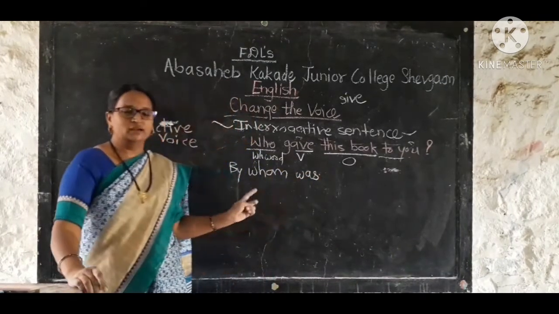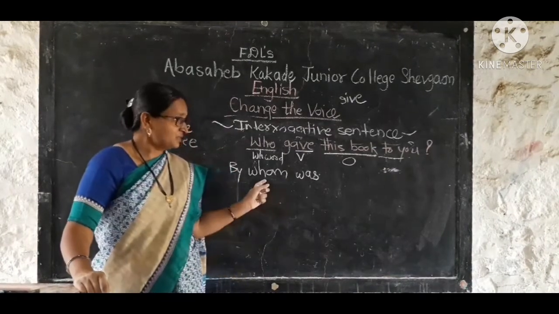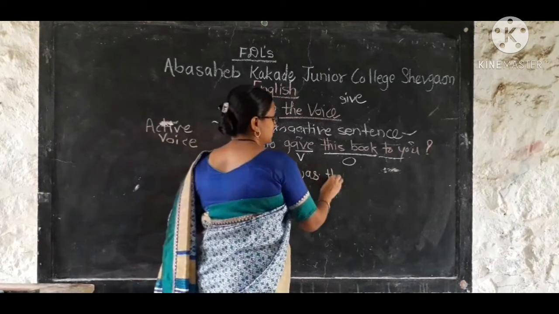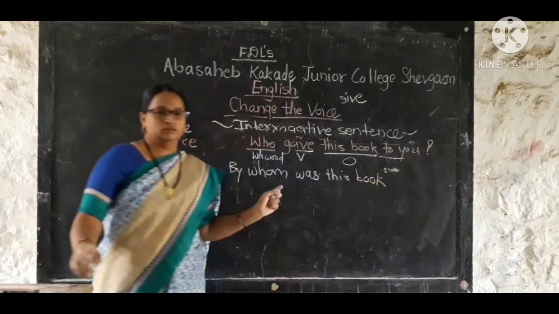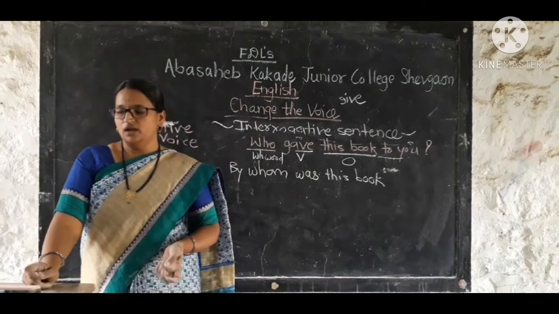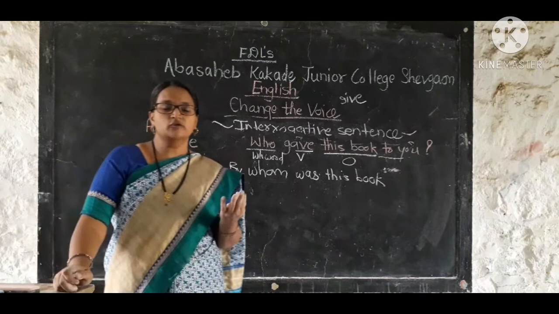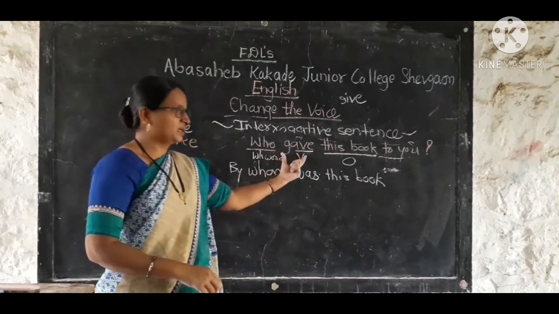Okay, then we have to use the object. वाक्यामध्ये ऑब्जेक्ट आहे this book. ऑब्जेक्ट नंतर आपल्याला काय करायचं आहे? We have to use the third form of the verb. क्रियापद आहे gave.